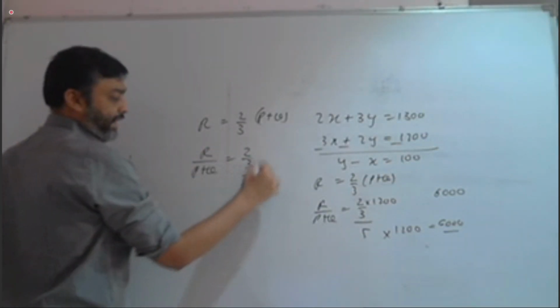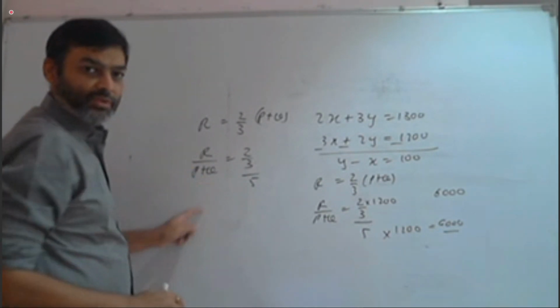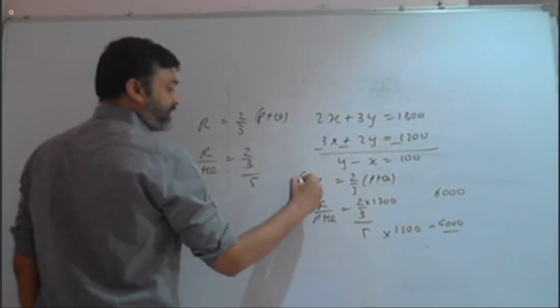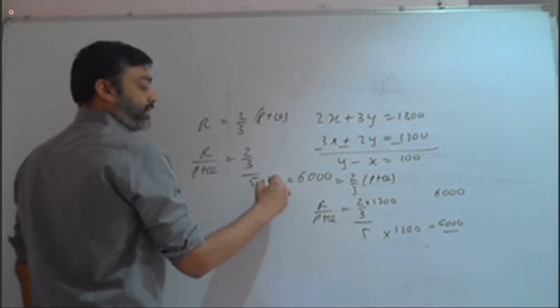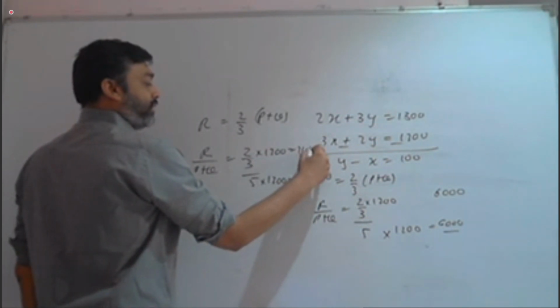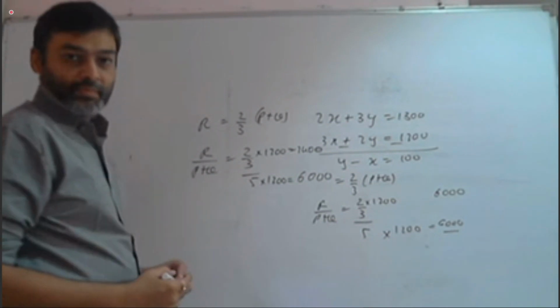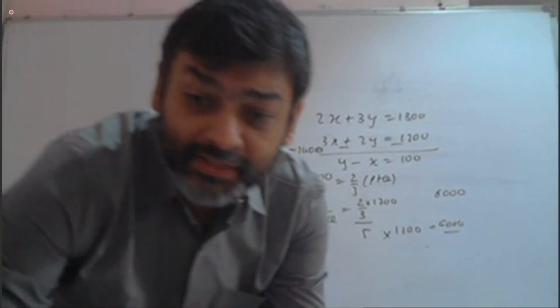But when we add all these terms, 2 plus 3 is 5, that means R, P and Q. The addition of all three means the total amount, and the total amount is 6,000. So what should I multiply to get 6,000? 1,200. So R's share is 2,400. Clear now? Yes. So I can think this in my mind.